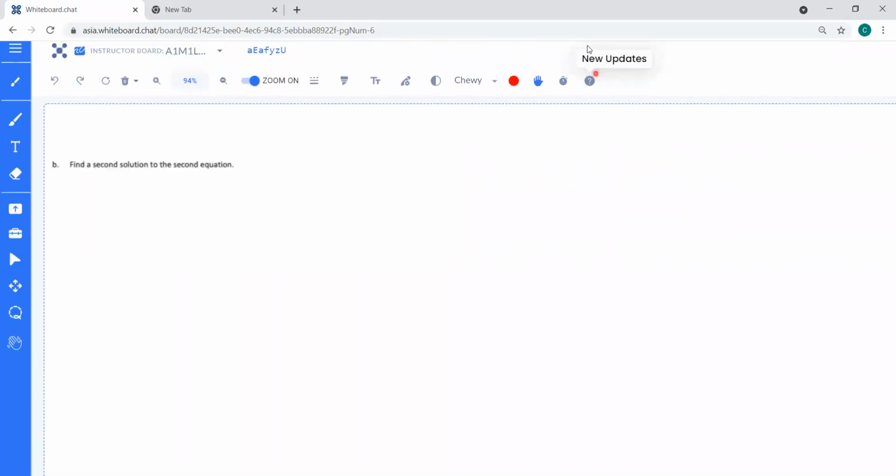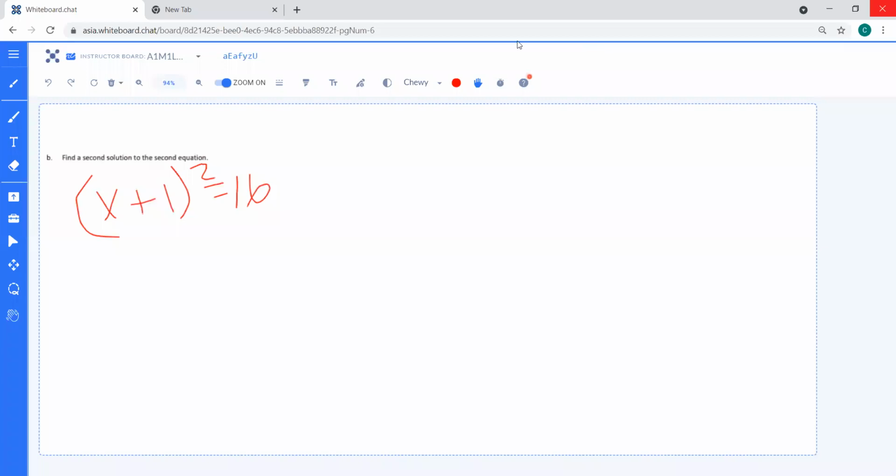Find a solution to the second equation. So the second equation is x plus 1 squared is equal to 16. Well, we already found one, so now let's find another one. We said that 3 would work.